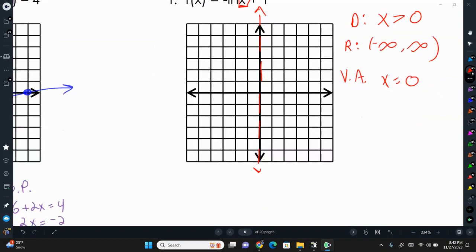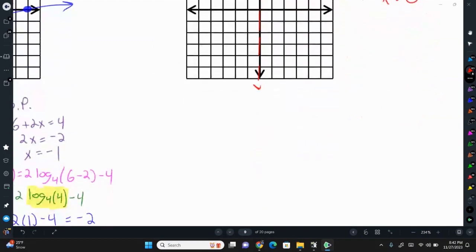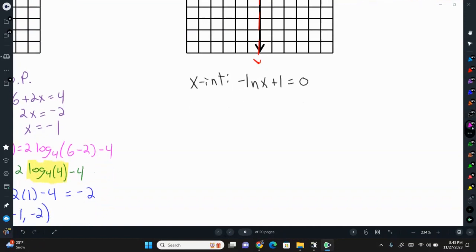Okay, now we have to find the x-intercept. For the x-intercept, we're going to set -ln of x plus 1 equal to 0. So then we subtract 1 from both sides. We get -ln of x equals -1. Divide both sides by -1.